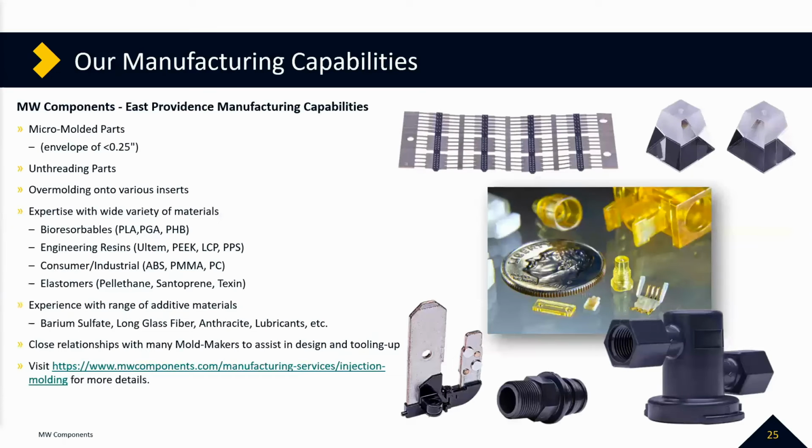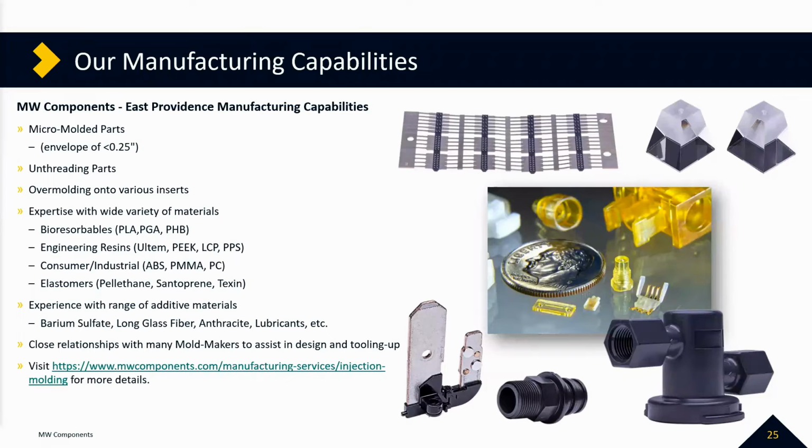So now I get to talk about my site, MW Components East Providence. So in my time here, I've worked on a wide range of projects, a lot of different use cases, a lot of different industries. We've gone industrial, automotive, medical, just a whole range of things. We do overmolded parts, we do micro parts, we've done threaded parts, optical parts as well.